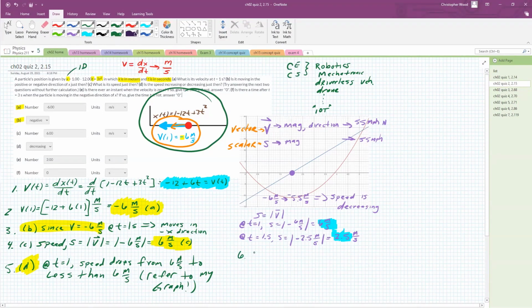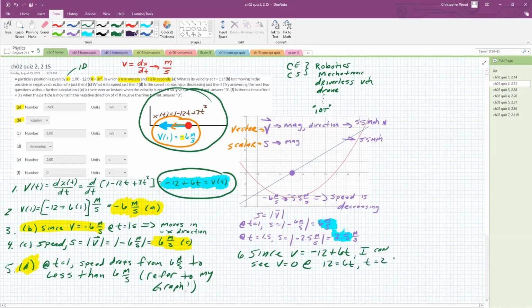And I'd say, since my velocity function is equal to minus 12 plus 6t, that's right here, I can see v equals 0 at 12 equals 6t, or t equals 2 seconds.